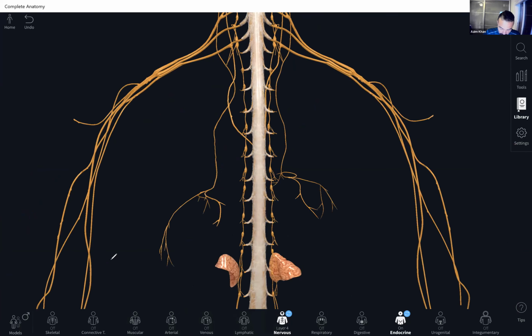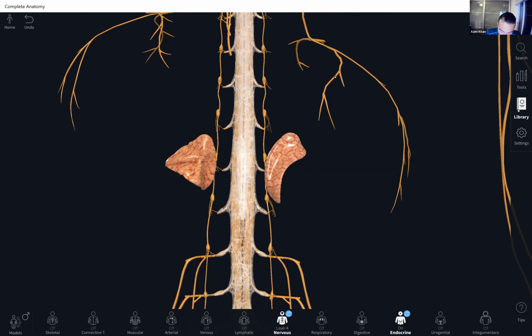Adrenal glands here on either side. If you can imagine that there's a neuron here in the spinal cord, this neuron extends out and ends at the adrenal medulla. And then from the adrenal medulla, we have a chromaffin cell that releases epinephrine into the bloodstream.